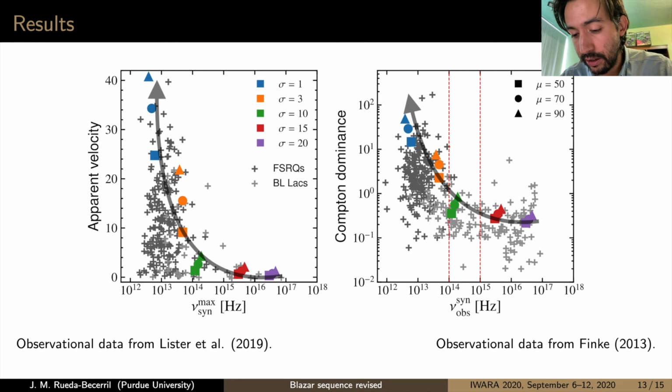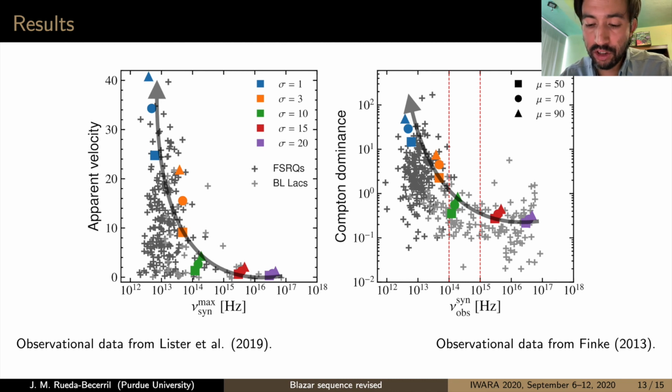On the right panel, we can see the Compton dominance as a function of the synchrotron peak. These data points were taken from Finke, reported in 2013. The Compton dominance is defined as the inverse Compton luminosity, meaning the Compton component of the spectral energy distribution, over the synchrotron component.